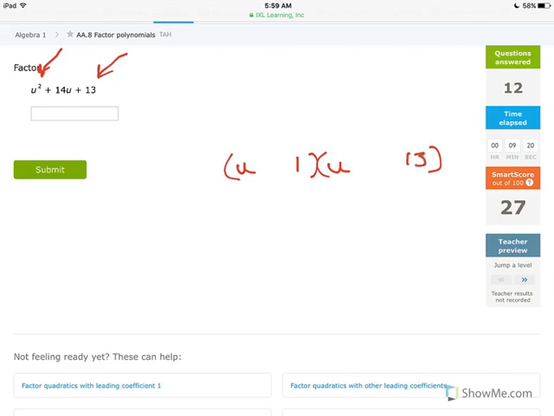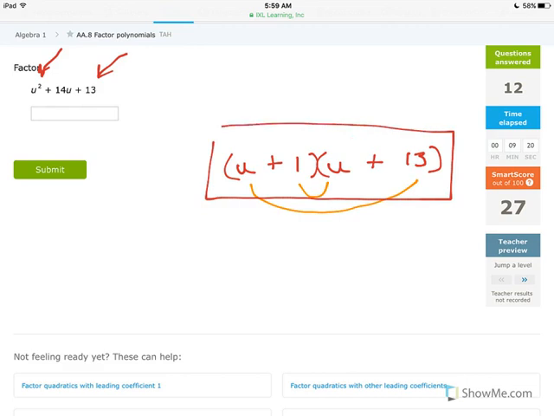And they need to add up to be positive 14 in the middle. So to get the 14 in the middle, you need your 1u and your 13u. 1u and 13u is making the 14u. So that should be our set of factors. U times u is u squared. 1u and 13u is the 14u, and 1 times 13 is the 13.